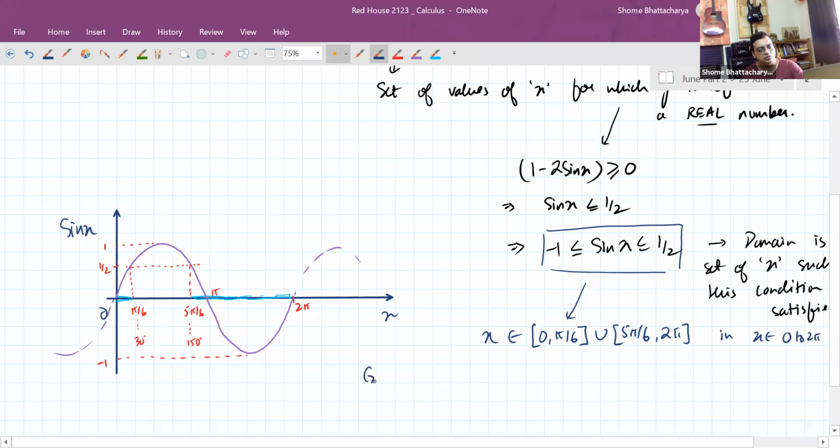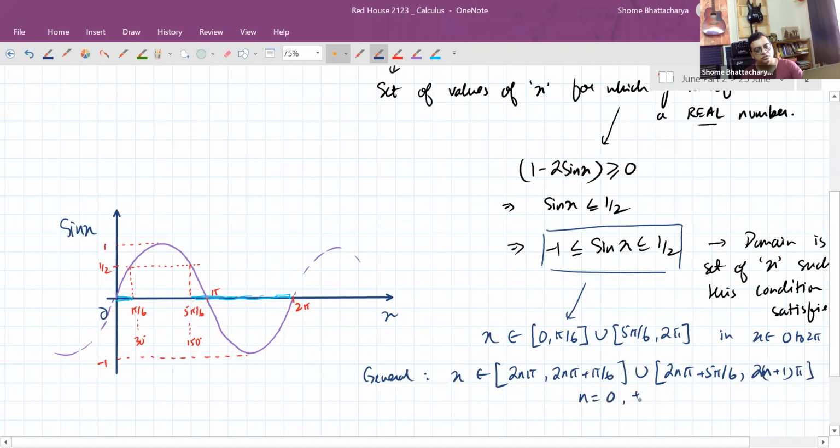So the general solution: x will be 2n pi to 2n pi plus pi by 6, union with 2n pi plus 5 pi by 6 to 2n pi plus 2 pi, where n is 0, plus minus 1, plus minus 2.